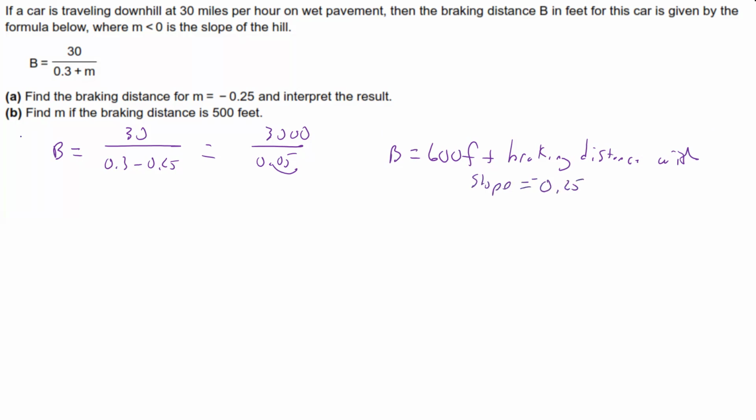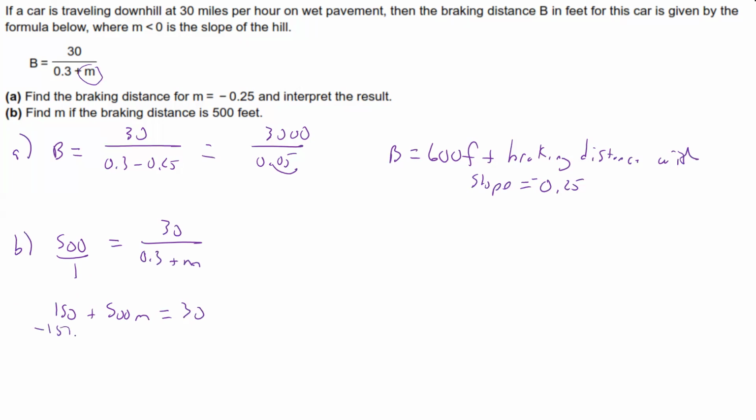So that's part A. Now part B, we have to solve for m when B is 500. So 500 equals 30 over (0.3 + m). I'm going to do cross product again. So we have 500 times 0.3, which gives us 150, plus 500m, and that's equal to 30.